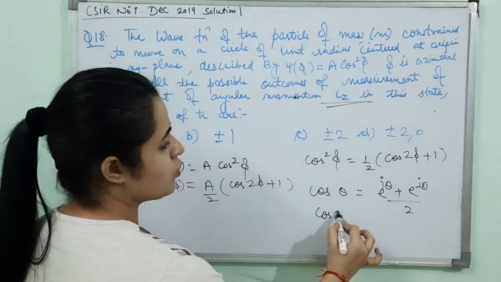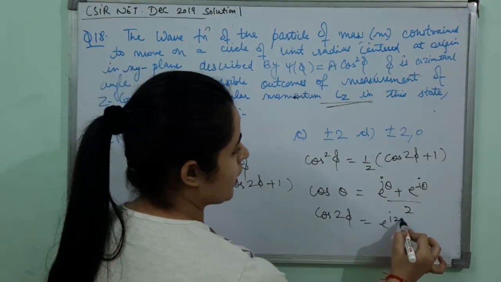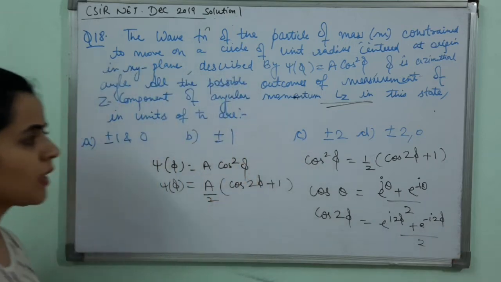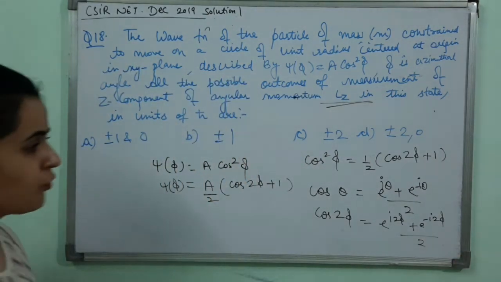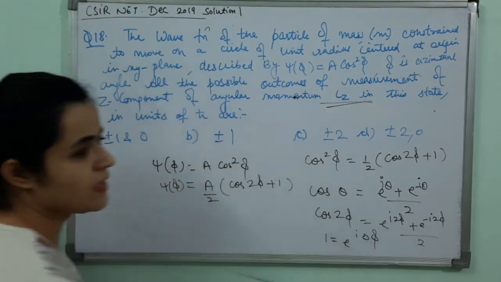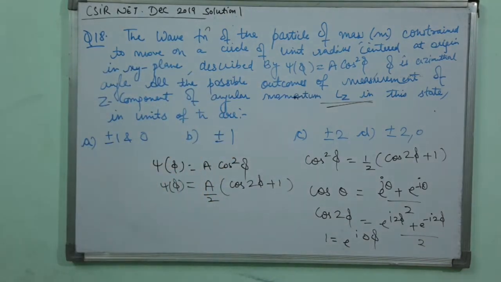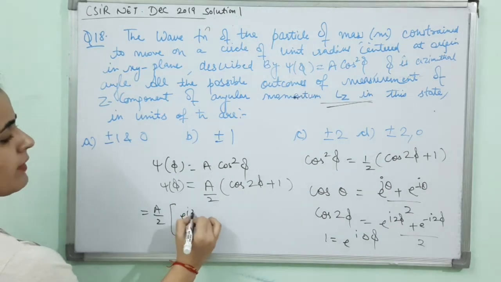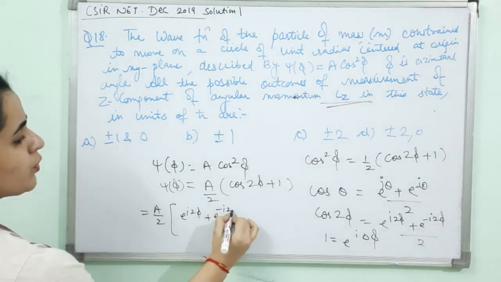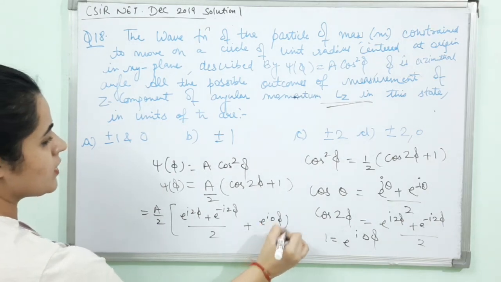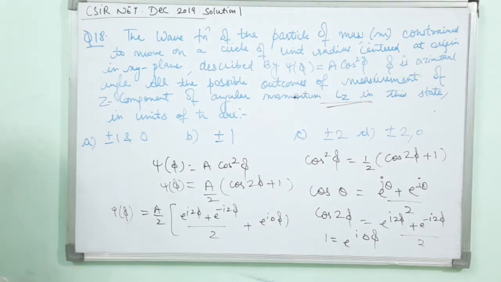Similarly, cos 2 phi will be (e raised to power i 2 phi plus e raised to power minus i 2 phi) by 2. Now we can write 1 as e raised to power i 0 phi, since anything to the power 0 is equal to 1. Clear? Now just substituting this, what we get is A by 2 times (e raised to power i 2 phi plus e raised to power minus i 2 phi) by 2 plus e raised to power i 0 phi. That will be psi(phi).